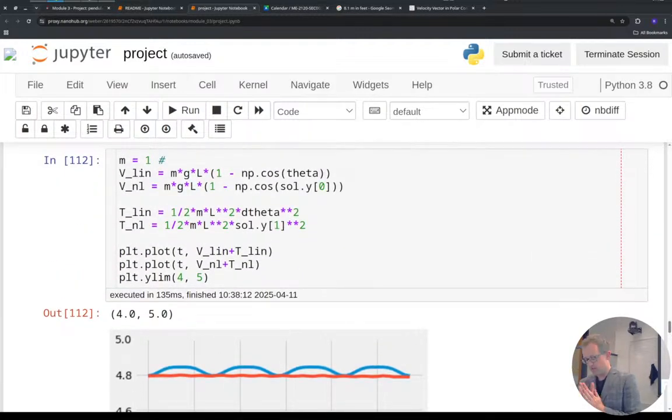So what's going on with our linear? Why is linear not constant? Is it just not accurate because we have a linear approximation?